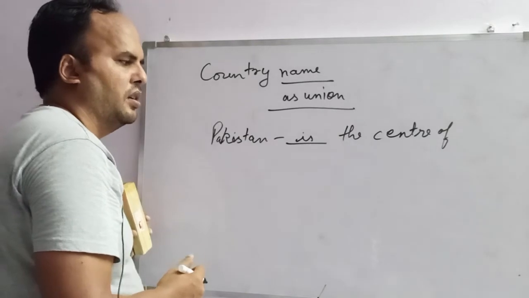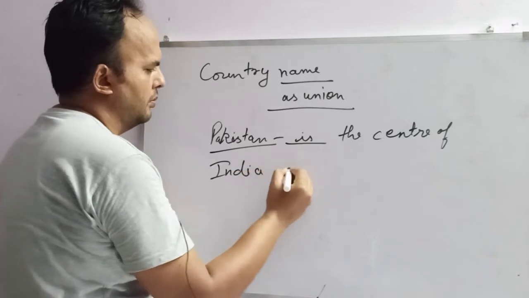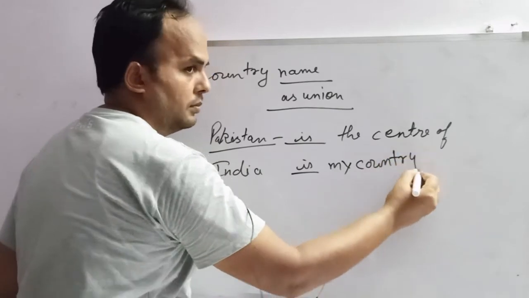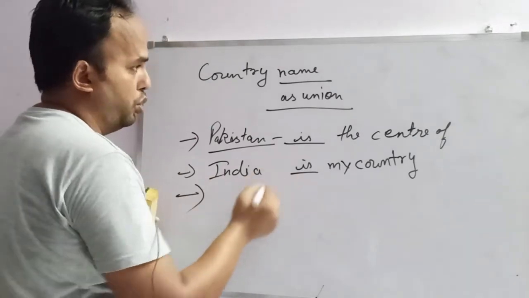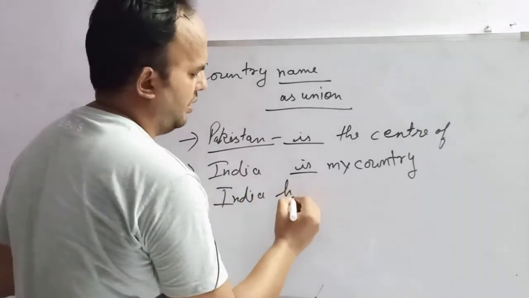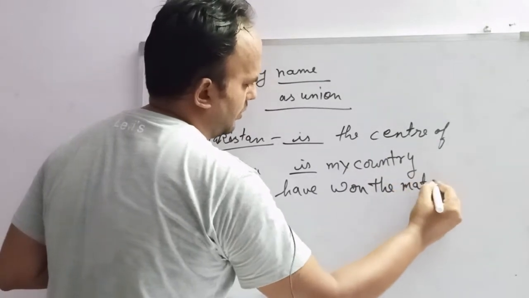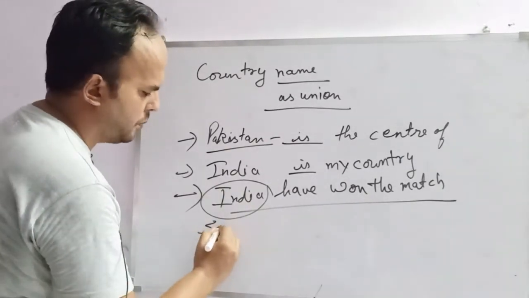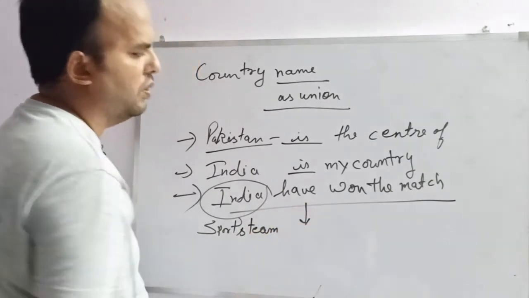India is my country. If I use it as a sports team, India have won the match. If I use the name of a country as a sports team, then it will use a plural verb.